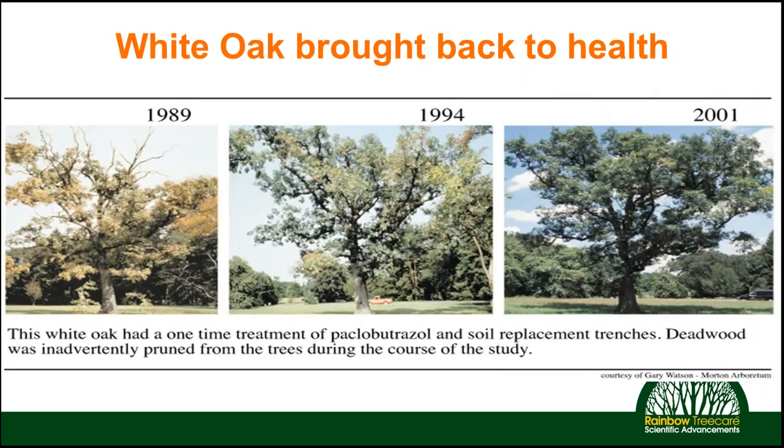So what happened here, some soil was replaced around this tree. They decompacted the soil, added composted manure, I think it was, and Cambistat was used. And then, of course, the dead limbs were pruned out. And you can see this is where the tree came back from 1989 to 2001, not a bad looking tree.